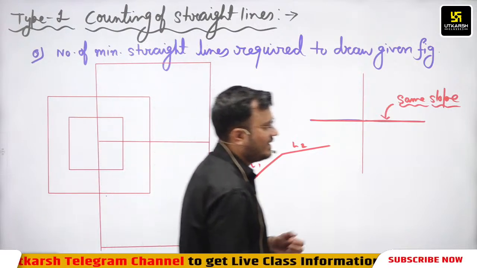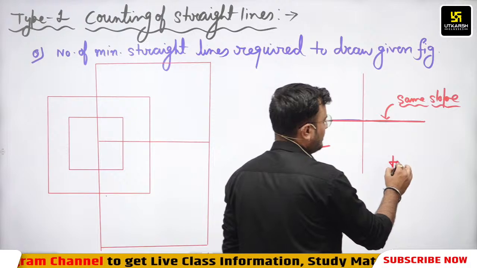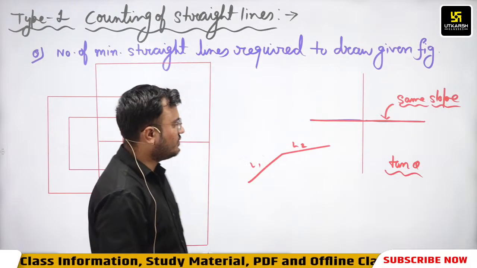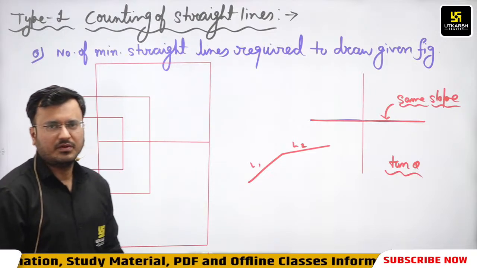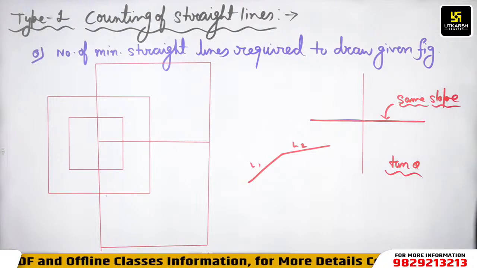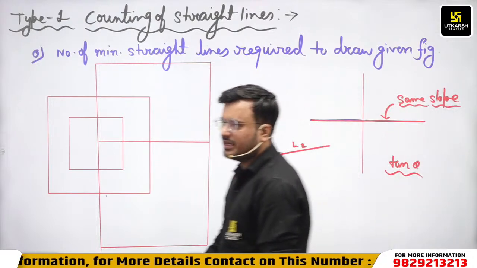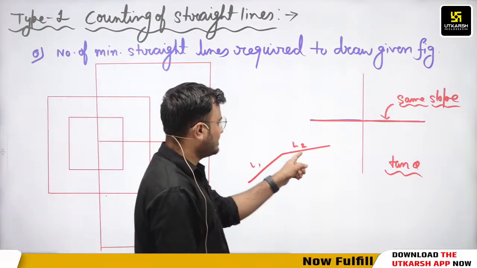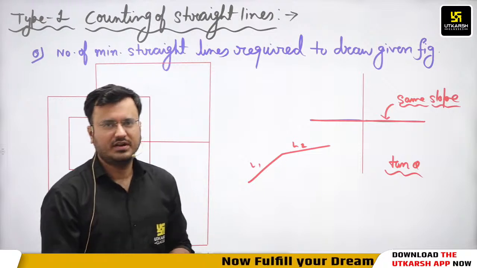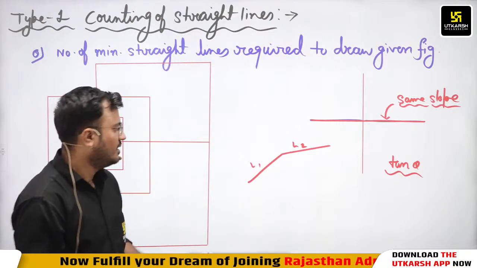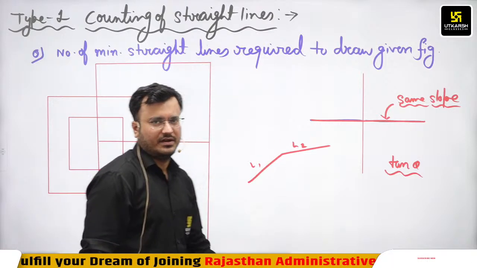It is tan theta, where theta is the angle measured with the positive x-axis. That tangent of theta is known as slope. And if L1 and L2 have different slopes, they will be considered two different lines.